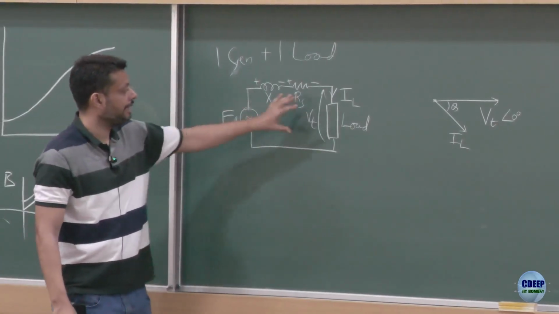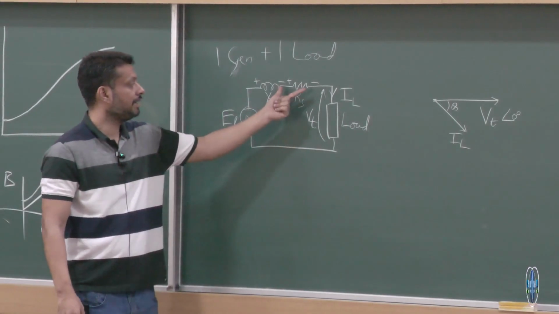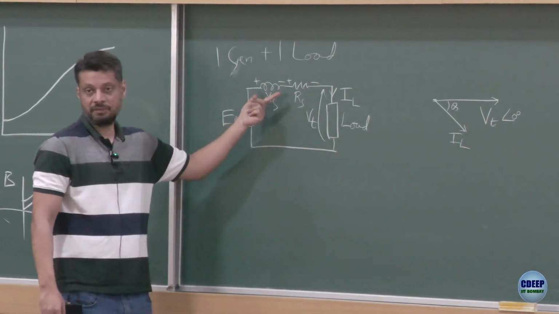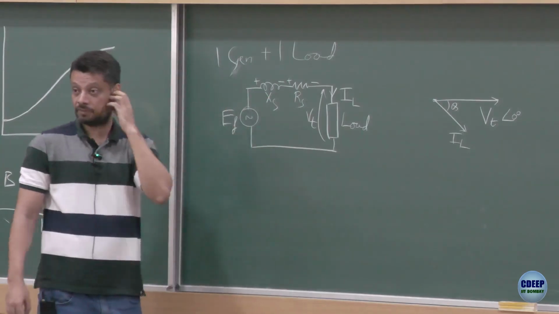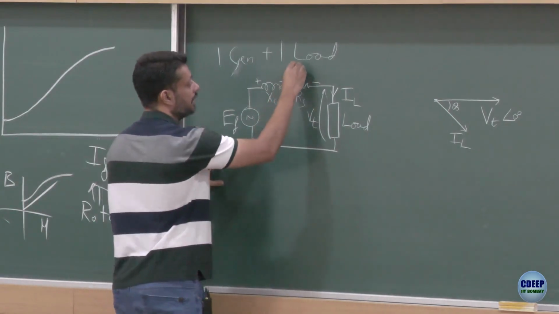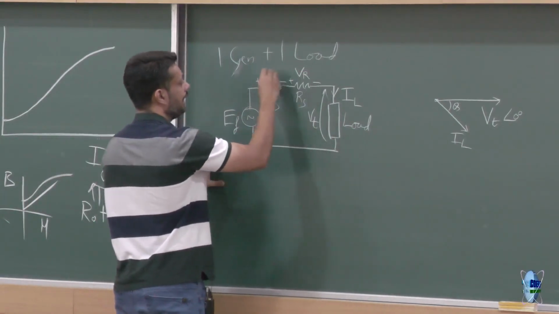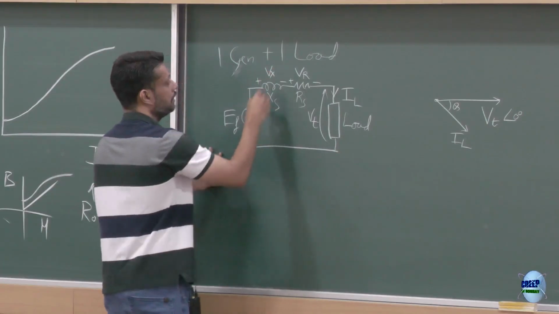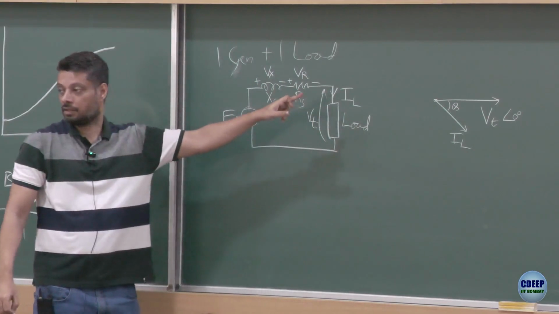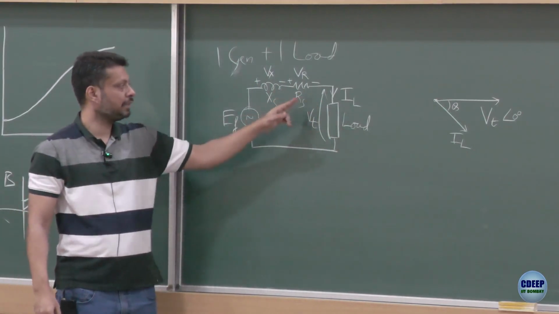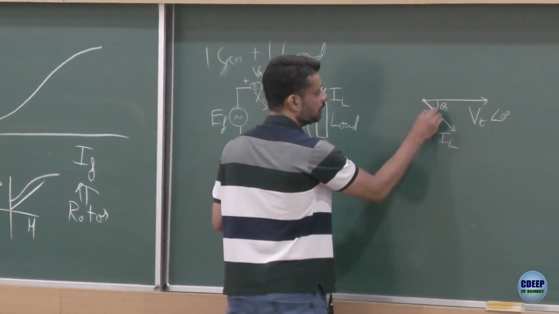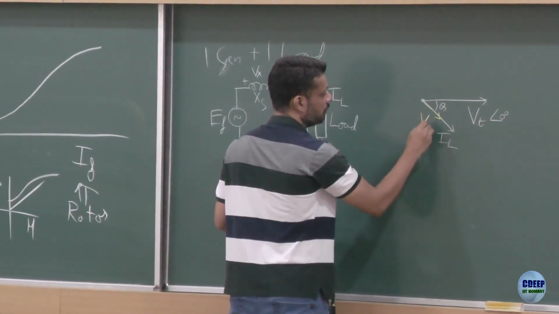So EF will be Vt plus IL into Rs in phasor terms plus IL into JXS in phasor terms. Vt I know, and let me call the voltages across these two drops VR and Vx. So what is VR? VR will be in phase with IL, and its magnitude will be IL magnitude multiplied by Rs. So this is your VR.